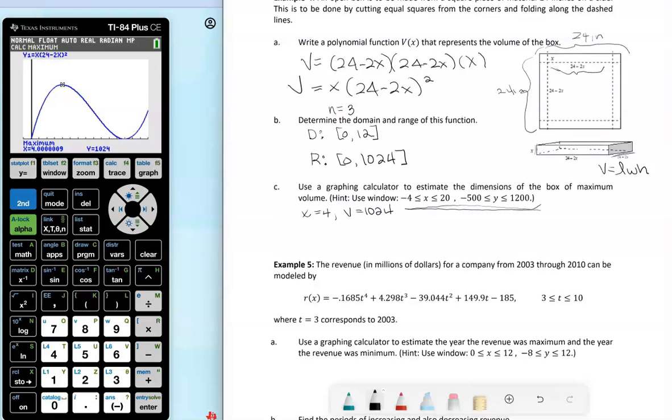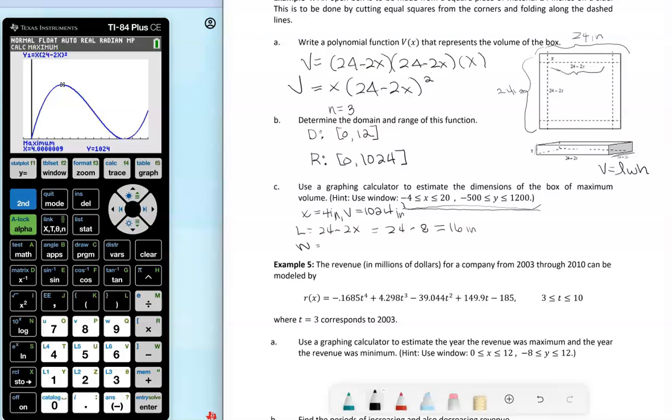What are our units here? Inches. Inches cubed. And we want to estimate the dimensions of the box and maximum volume. So that would mean that the length is 24 minus 2x. So it's 24 minus 8. 2 times 4 is 8. And 24 minus 8 is going to be 16 inches.